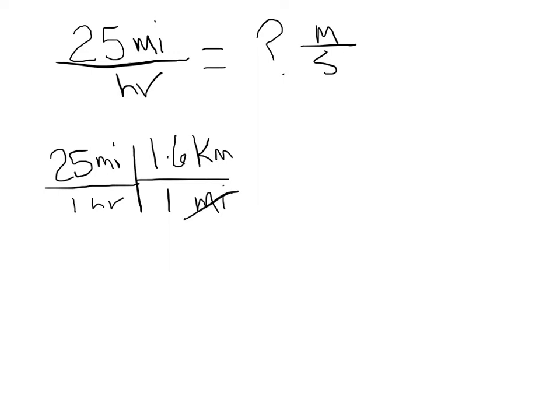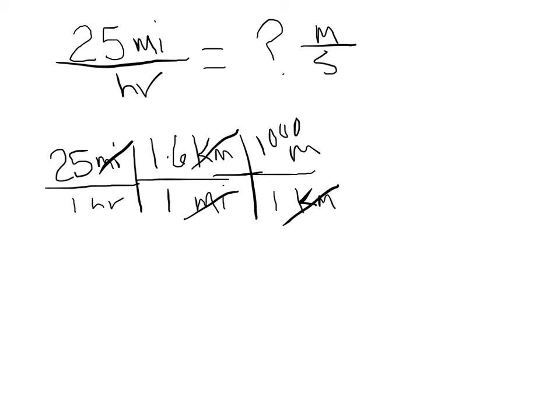So mile is going to cancel. I want to get to meters. I'm not there yet, so I've got to keep on going. Put kilometers on the bottom, put meters on the top, because after all, the prefix kilo means 1,000. 1 kilometer is bigger, so I put the 1 down the bottom, 1,000 meters across the top.